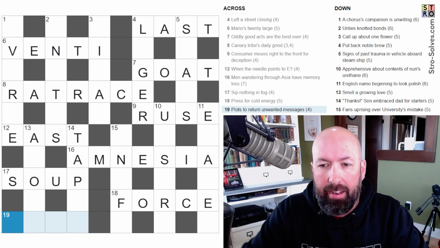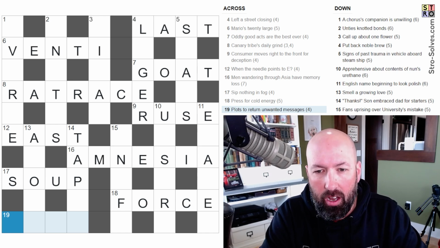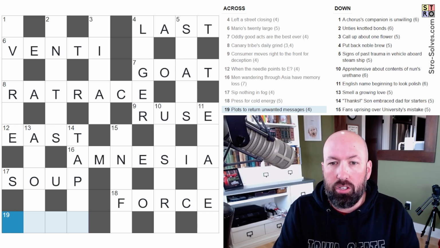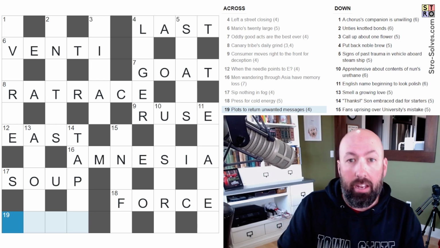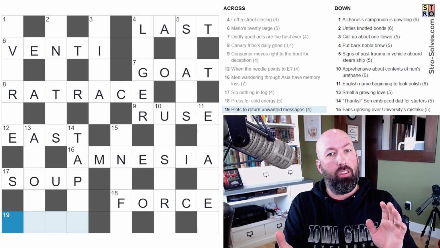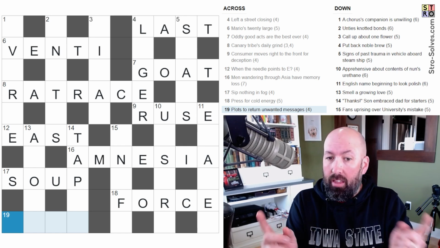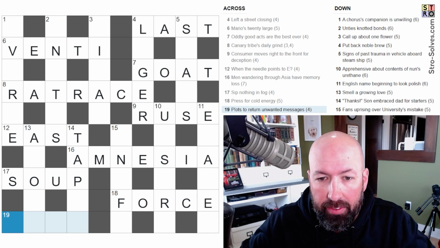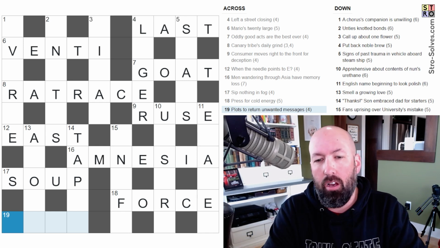All right, 19, plots to return unwanted messages. Okay, return. If you hear return or reverse or come back or send back or anything like that, you should think that we might be turning the word around backwards. And that's what's going on here. Unwanted messages.